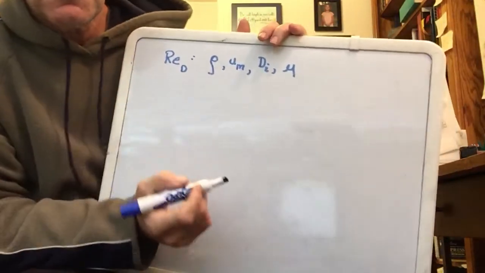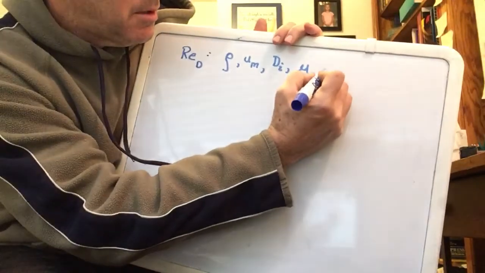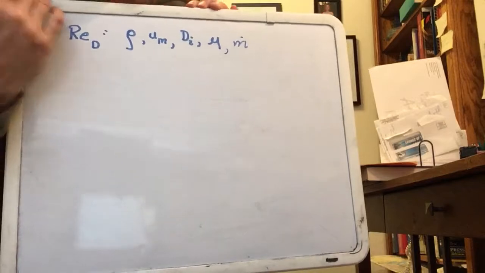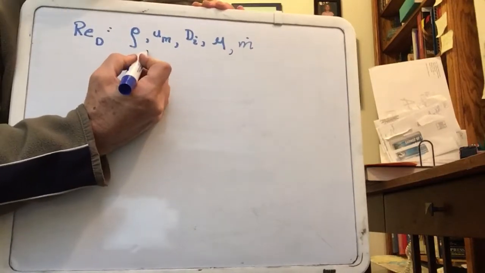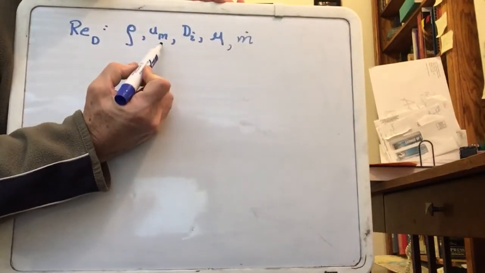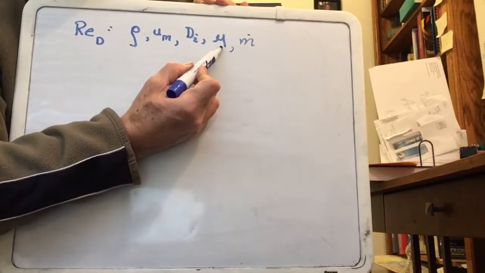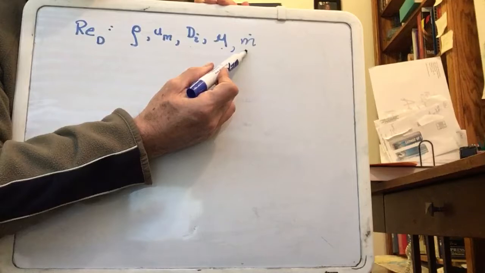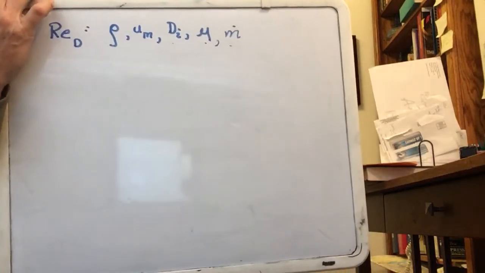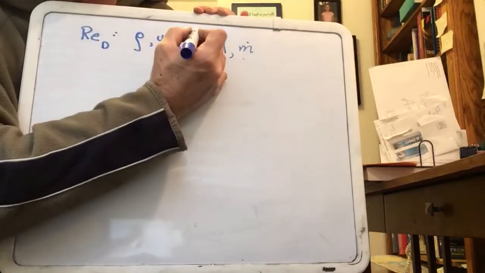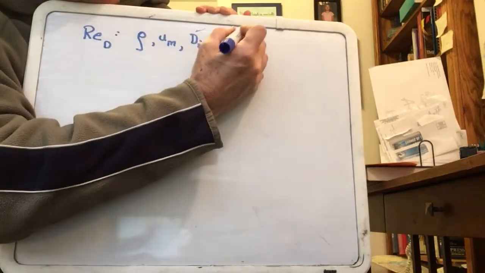All right, so actually, we can go through all these factors, but just what they mean. This would be the density of the fluid. This would be the fluid's average velocity. This would be the pipe inner diameter. This is the fluid's viscosity, and here's the mass flow rate. All right. Well, in short, probably the main ones to think about are these three terms here.